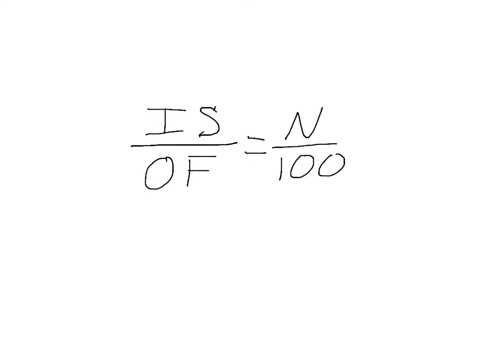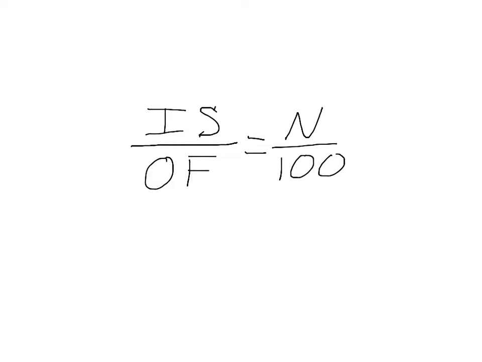Good. Now, the first thing you notice is, what is that? It's a proportion. Do we know how to solve proportions? Yeah. We know how to solve a proportion. That should be simple. What else do you notice about that proportion? Does anything else that we may have studied before jump out at you?